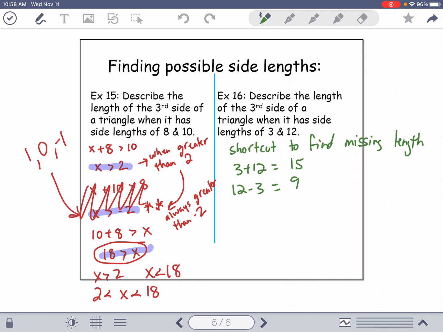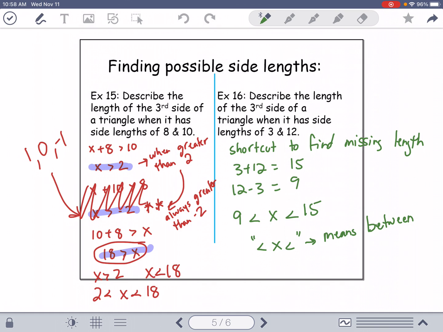Add the 2, subtract. Subtract so that you get a positive number because we don't want the negative number. Then put your x in the middle. So 9, x, 15. When you have this less than signs like this, that means between.